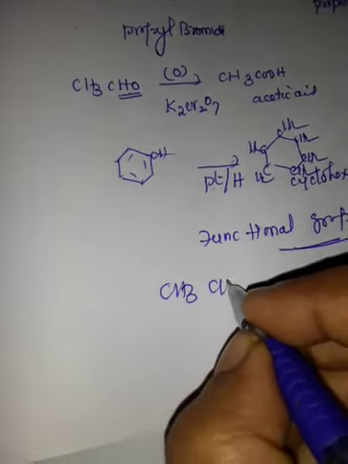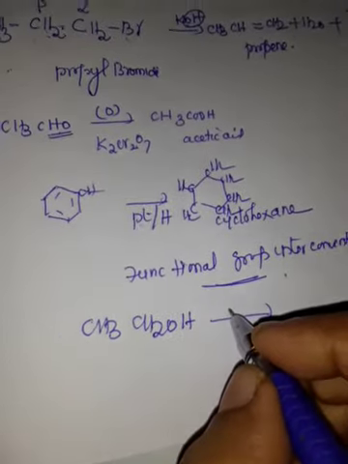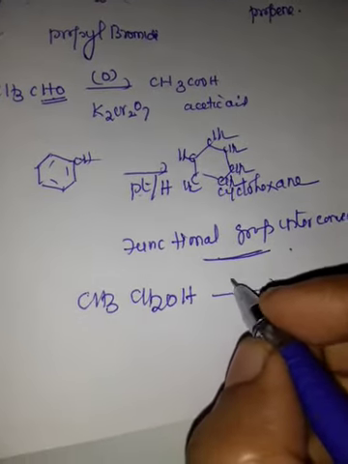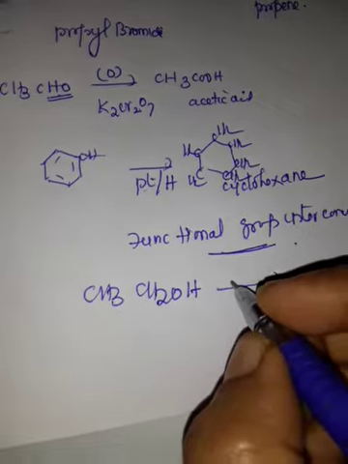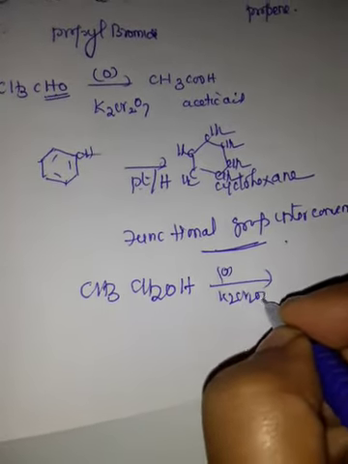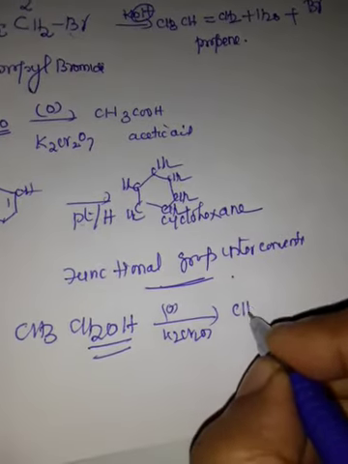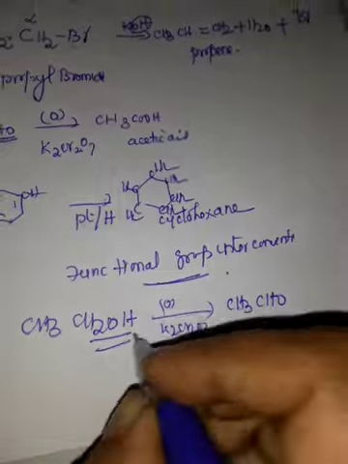CH3CH2OH, when oxidized in the presence of potassium dichromate, K2Cr2O7, this alcoholic group is converted to the aldehyde group, CH3CHO.